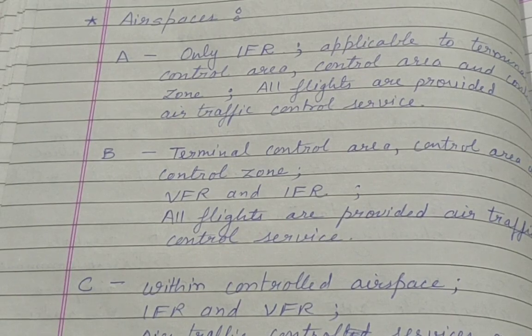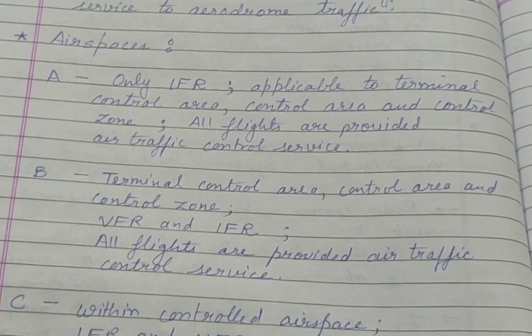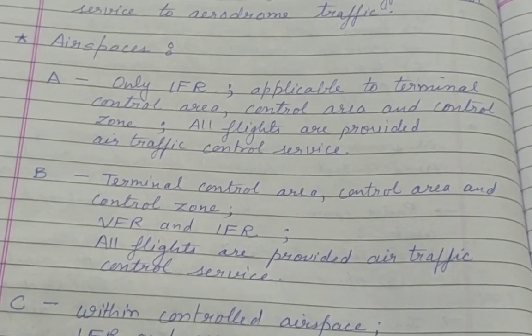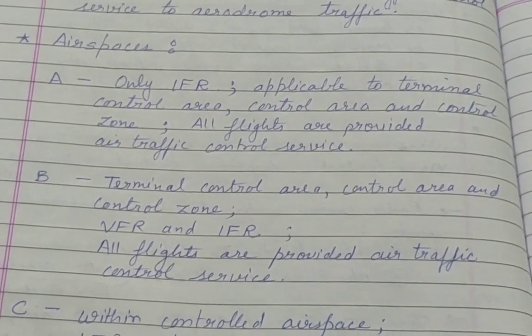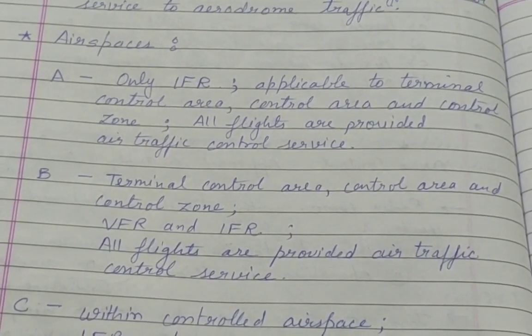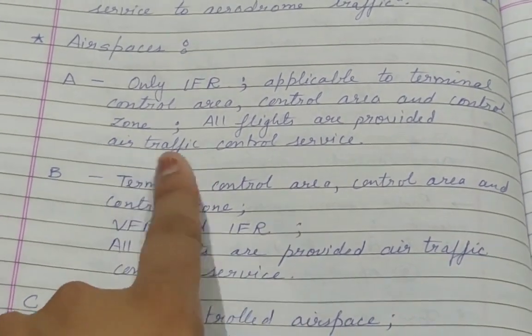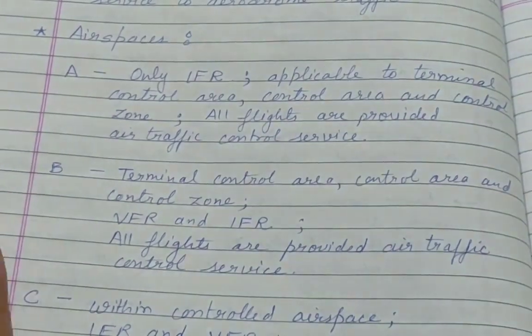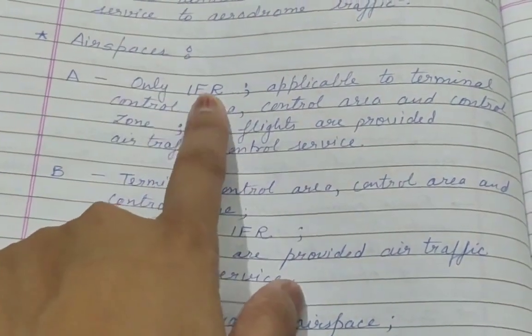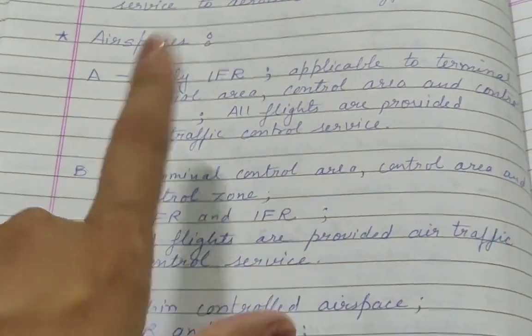Only IFR flights are permitted to fly in airspace A. This airspace is applicable to the terminal control area and control zone, so it is within controlled airspace. Air traffic control service, ATCS, is provided to all the flights here. Only IFR flights function, not VFR. VFR is not permitted in Class A airspace.